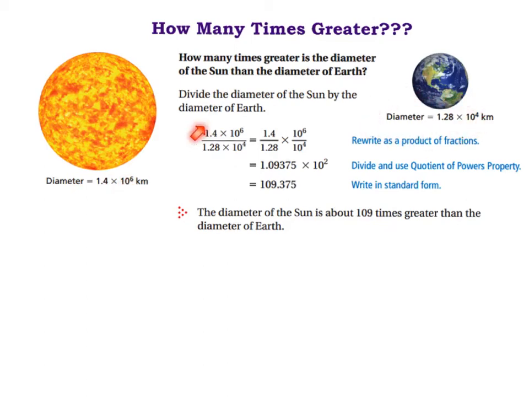You set it up with the larger number on the top, the smaller on the bottom. You divide the numbers. You divide the powers of 10 by subtracting the exponents. And then make sure that this time we want it in standard form, not scientific notation. And we're going to round. So the diameter of the sun is about 109 times greater than the diameter of Earth.